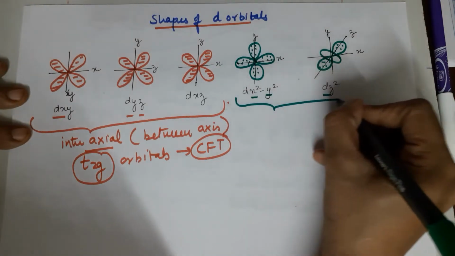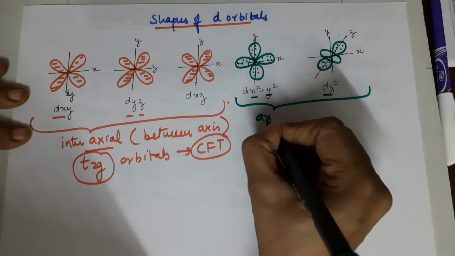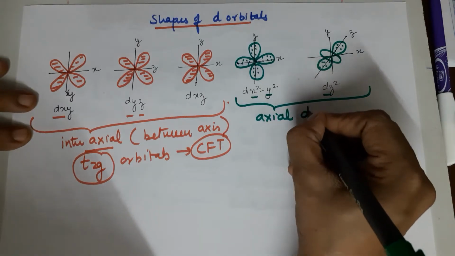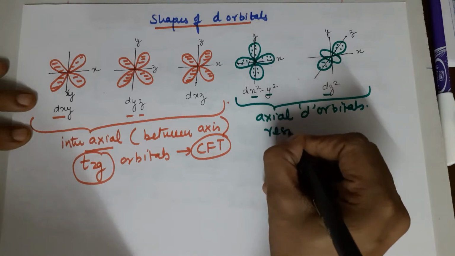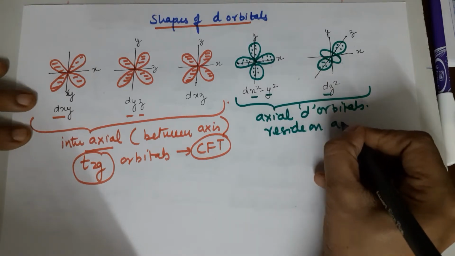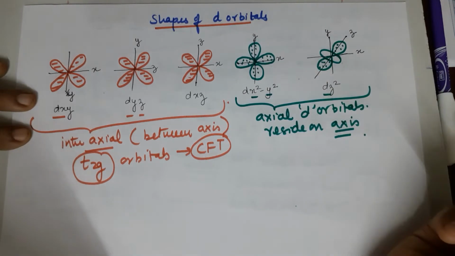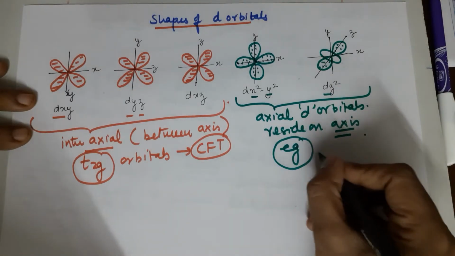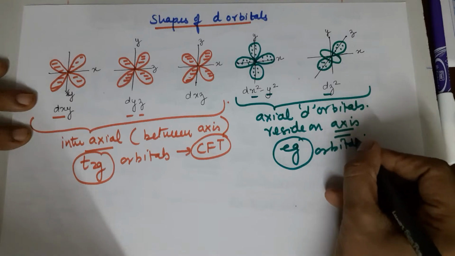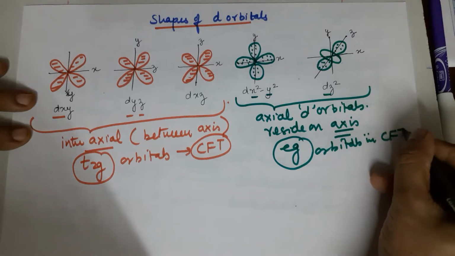These two are the axial d orbitals, that is, they reside on axis. Also, these are known as the Eg orbitals in the crystal field theory.